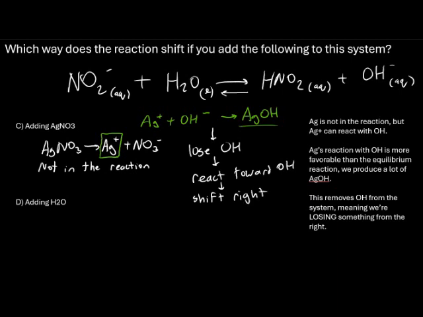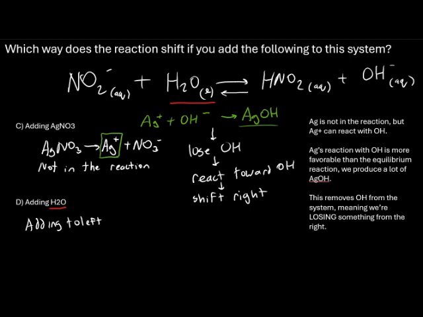Another unclear example for some people is adding water to the system. We might notice that water is indeed in the system. Your first instinct might tell you because you're adding water, you're adding something to the left. And your instinct might tell you that since you're adding something to the left, you'll shift away from it, and you might think you're going to shift right.